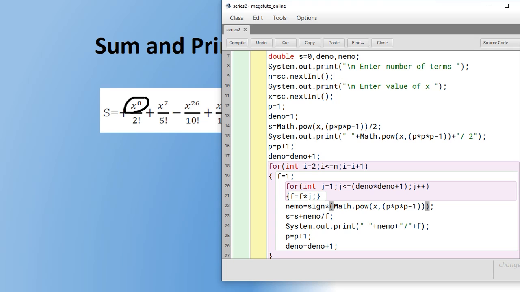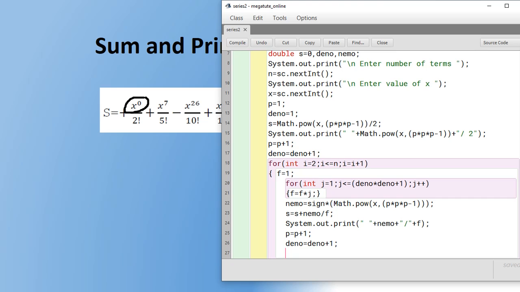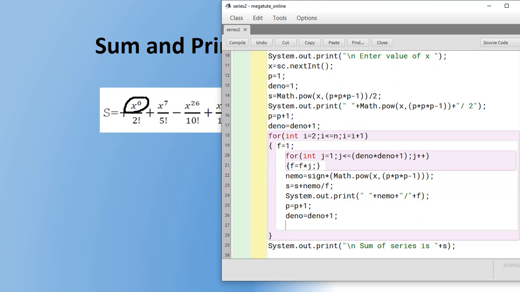Now when this initial sign was plus, how to make it negative? Where the increments are coming, I'll say sign equals sign into minus 1. So when plus 1 multiplies with minus 1, it becomes minus 1, and for the third term, when minus 1 multiplies by minus 1, it becomes plus. So this is the statement which takes care of the alternate sign, and then we're printing the sum.